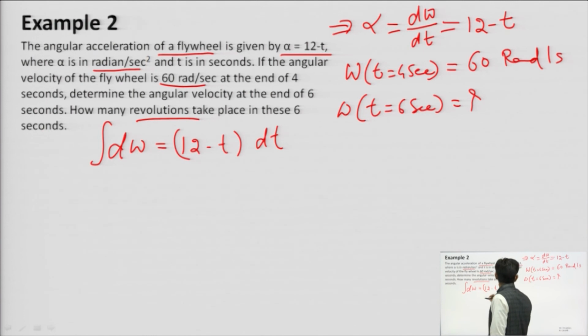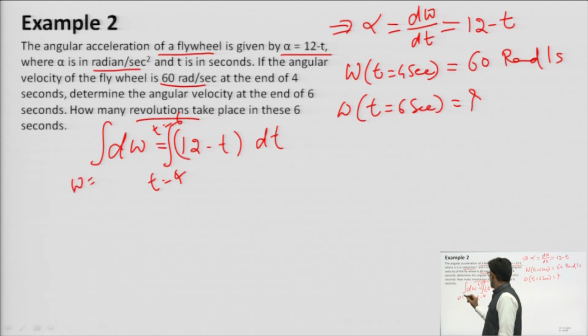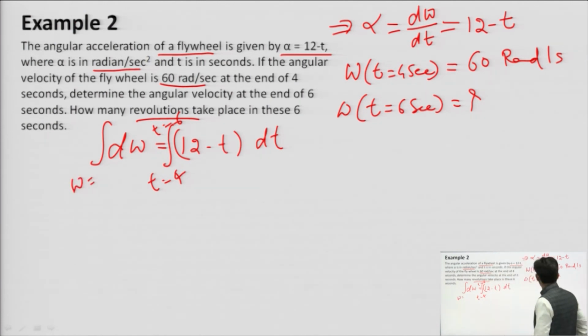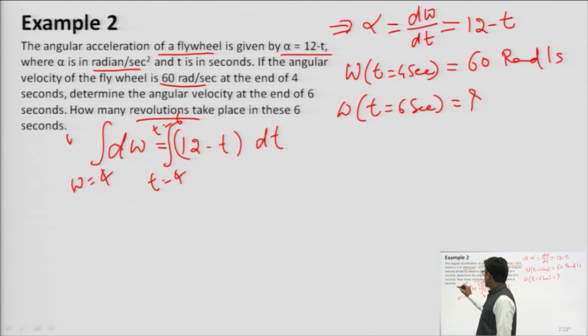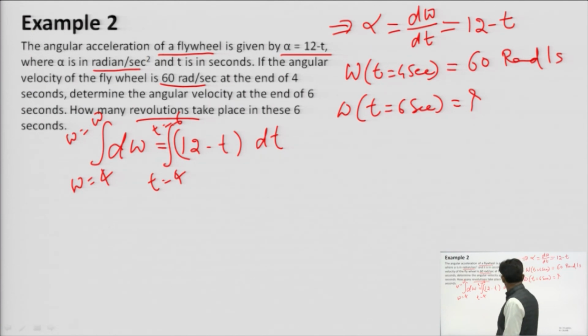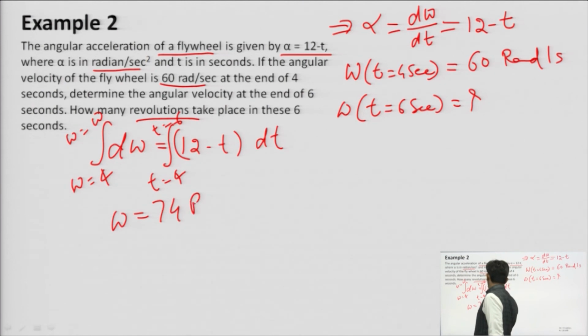Integrate it from t equal to 4 to t equal to 6, and from omega equal to 60 to omega. So we simply integrate it. What will you get? You will get omega as 74 radian per second.